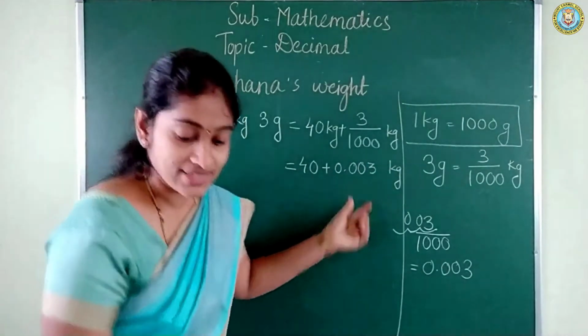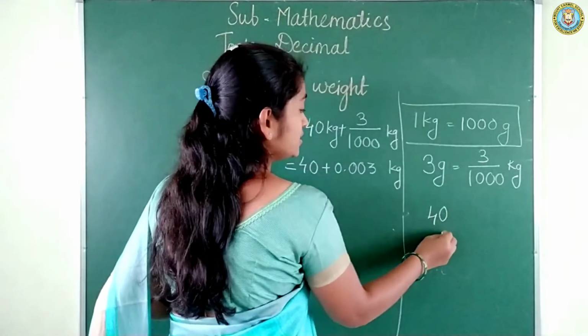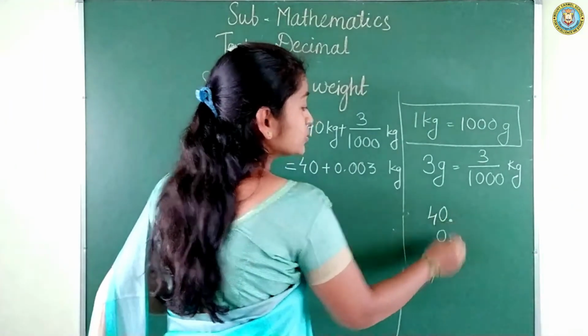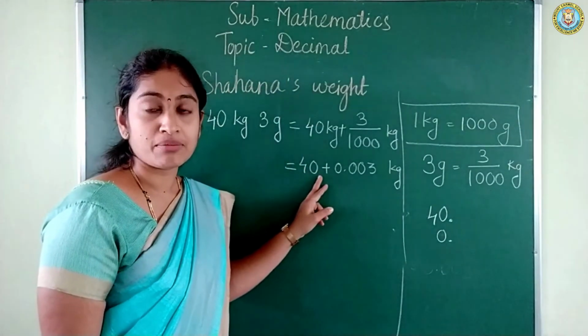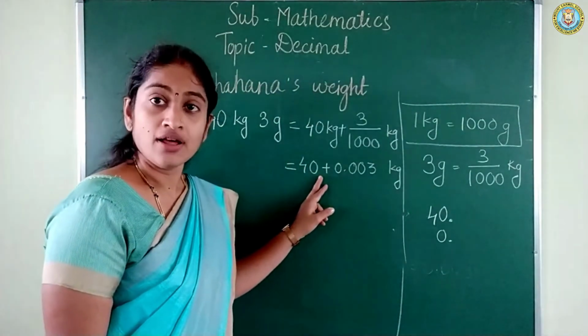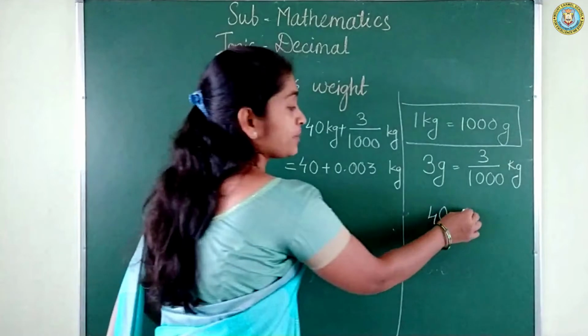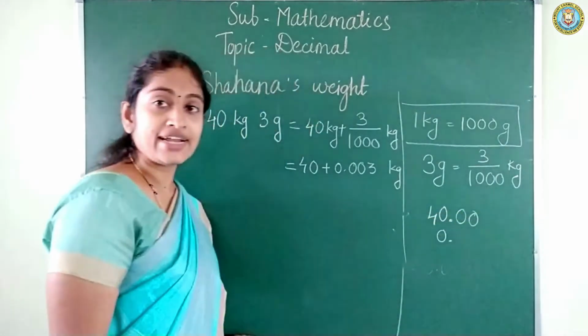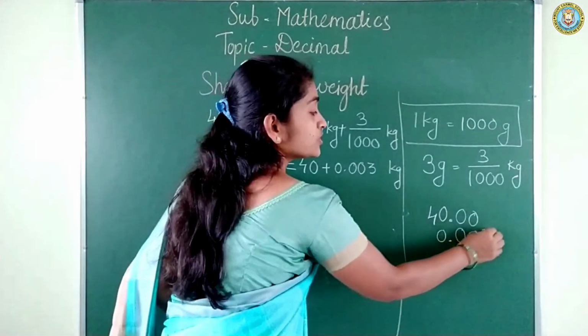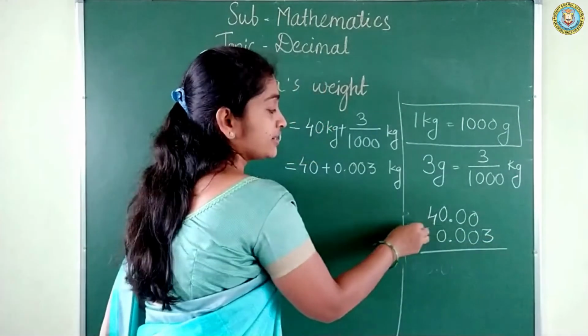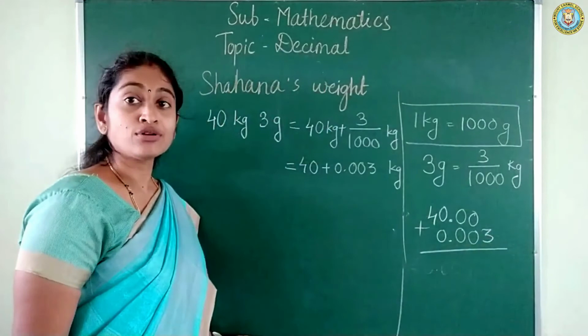How to add this? 40 and 0. So 40 is nothing but after 40 we can put a decimal point. That doesn't affect the real number. 40.00, we can write like this. And the second number is 0.003. Yes, here we have to add.